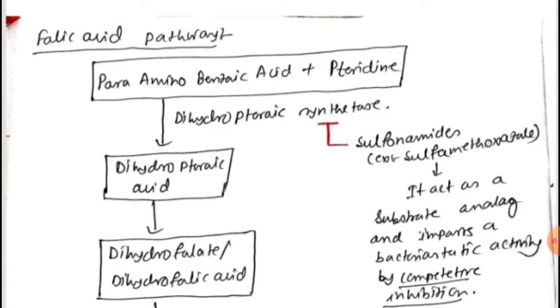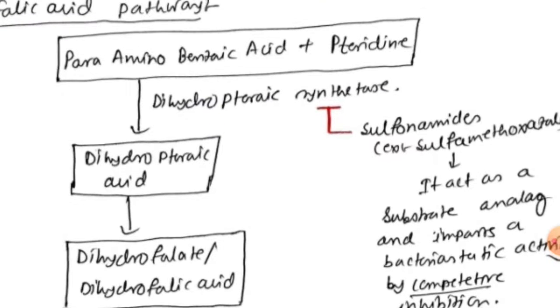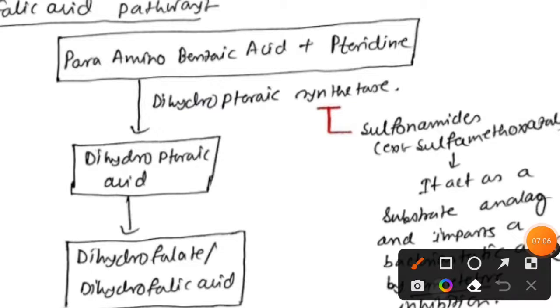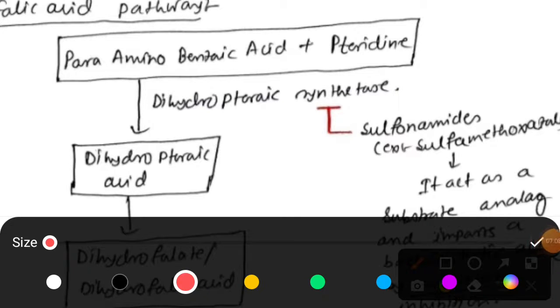So let's revise the folic acid pathway. It all starts with the reaction of PABA and pteridine. PABA means para-aminobenzoic acid. They are converted into dihydropteroic acid with the help of an enzyme called dihydropteroic synthetase. This enzyme is blocked by the sulfonamides.